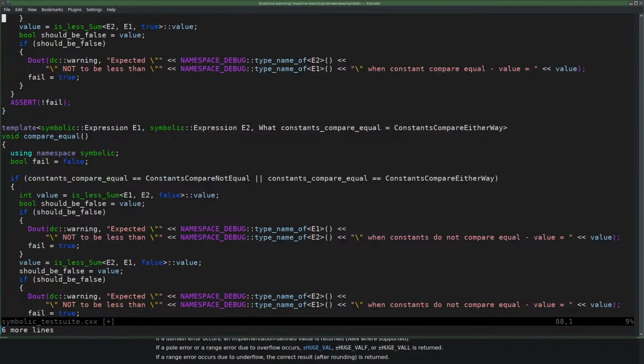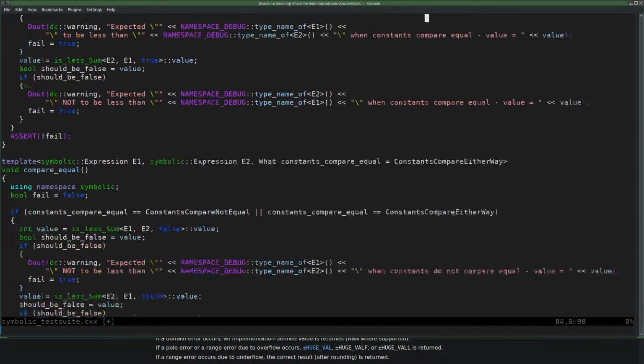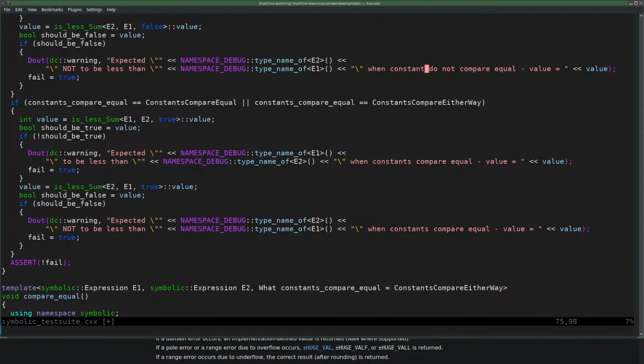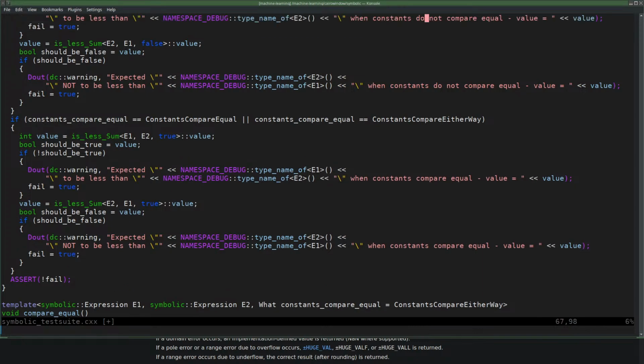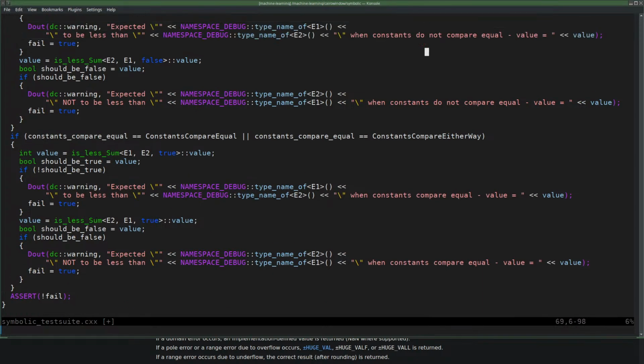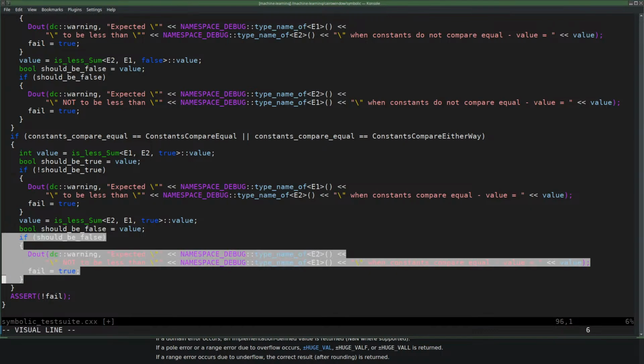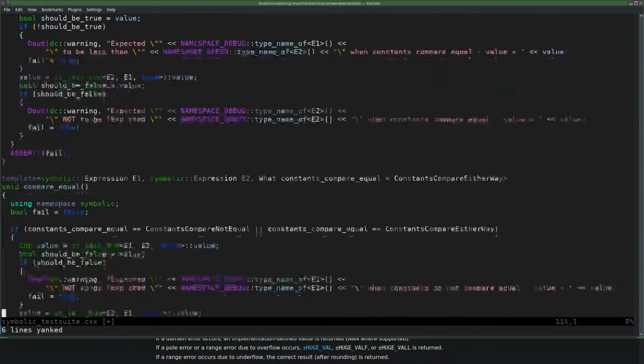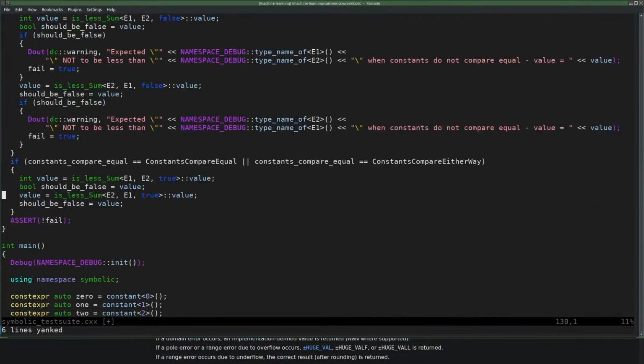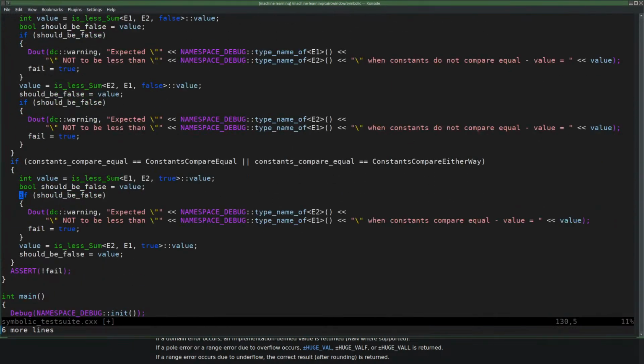No, let's copy this one for the compare equal. So if should be false is true, then let's print this here as well.